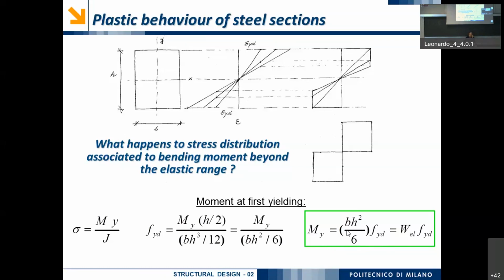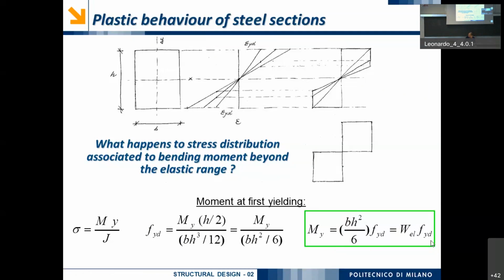And so we can say that the value of the yielding bending moment is the value of this coefficient W el times the yielding stress of design. But now, what I want to discuss is what happens when the bending moment is larger than M y, okay?